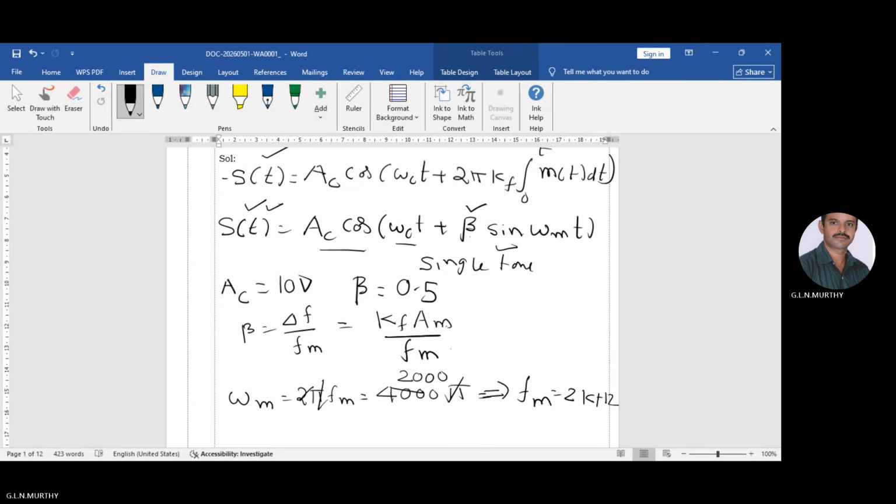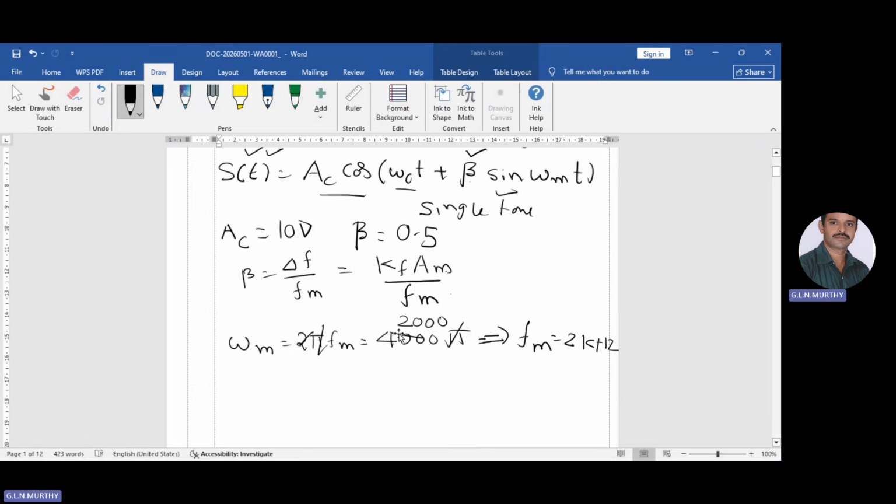Okay. Then what do you have to further estimate? We have to calculate the amplitude of the message signal. So you have to go like this. Let us write the expression first of all, right? The message amplitude A_m equals beta into f_m by k_f. Hope understood: this is beta, this is message frequency, beta into f_m by k_f. So what is the value of beta? 0.5. What is your message frequency? 2 kilohertz, it means 2 into 10^3.